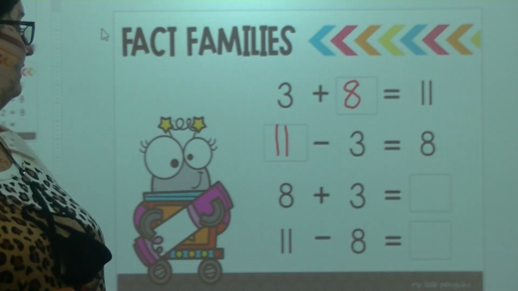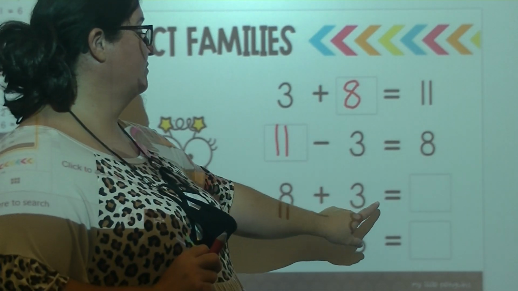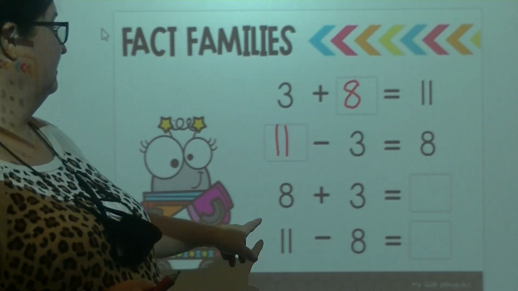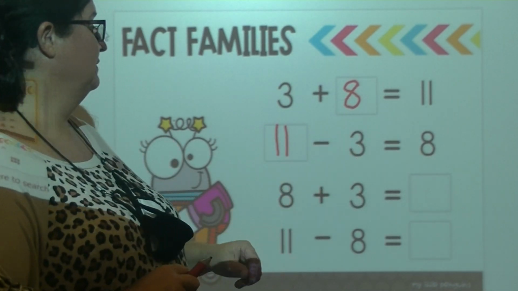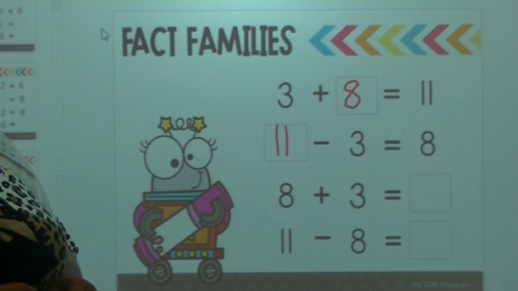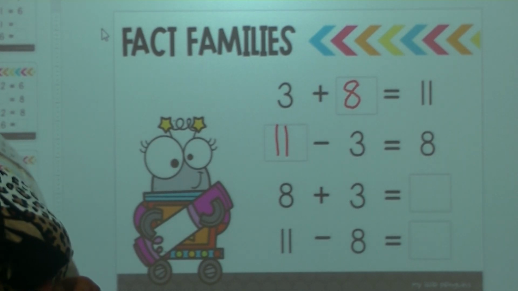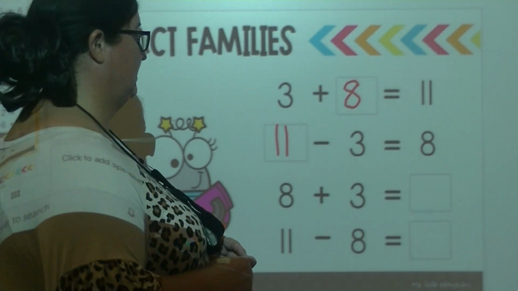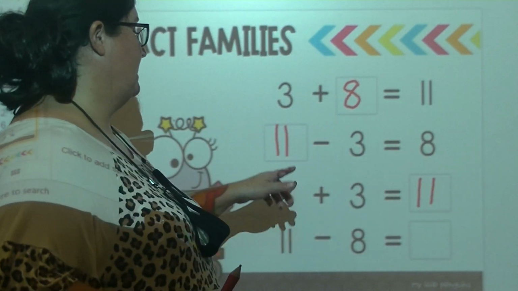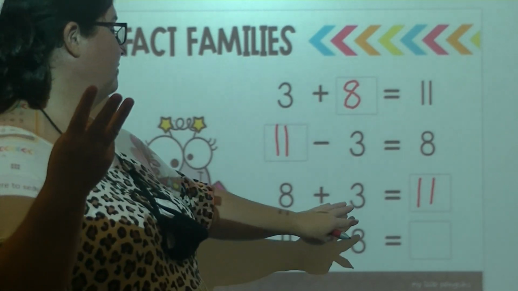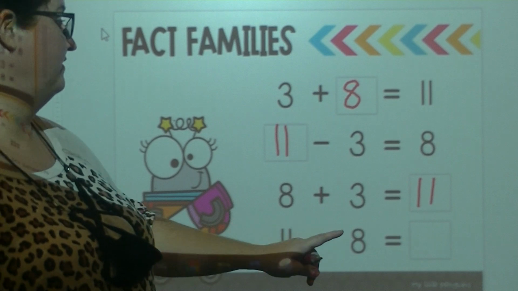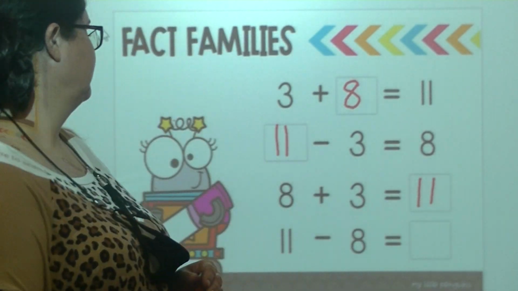The next one, 8 plus 3 equals blank. All right, look at your fact families. What number are we missing? All right, it is 11, but we can check ourselves. 8, count on 3, 8, 9, 10, 11. We are right.